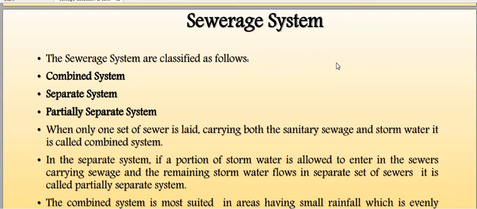When the sewer line gets its self cleansing velocity, we generally regulate the flow of storm water into its line. That is the improvement of the separate system. Why are we doing this? Because we are generating the self cleansing velocity in the sewage carrying system of the partially separate system.